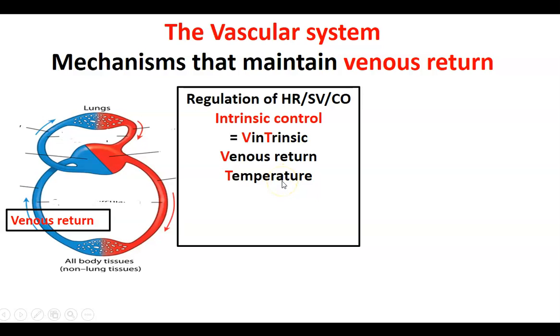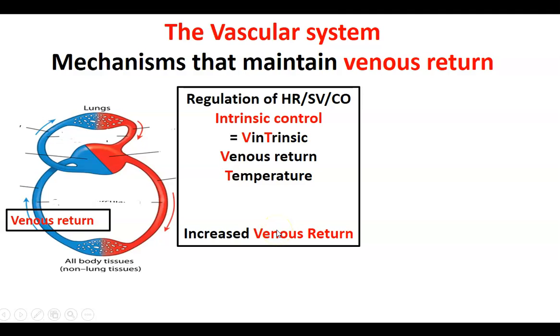If you exercise and you were trying to regulate heart rate, stroke volume, and cardiac output, you would need an increased venous return. Because today's lesson is focused on venous return, we're just going to talk about that one here. Obviously, you could talk about temperature as well.